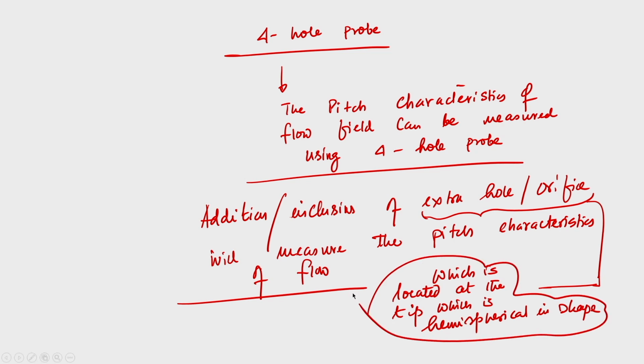So, the inclusion of the extra hole, which is located at the tip and has a hemispherical shape, is responsible for measuring the pitch characteristics. In the 3-hole probe we had one hole responsible for measuring the yaw characteristics. Similarly, the inclusion of another hole located at the tip is responsible for measuring the pitch characteristics.